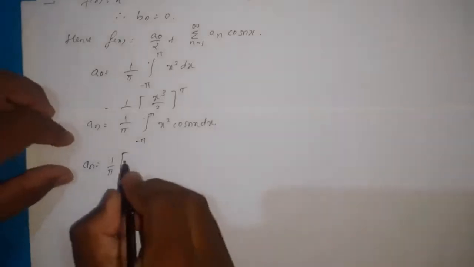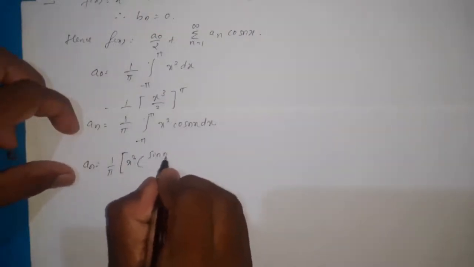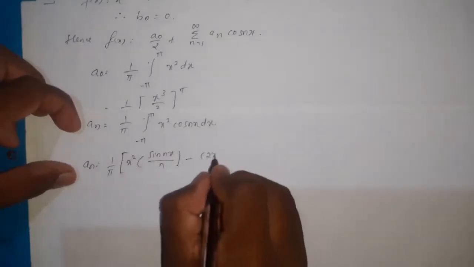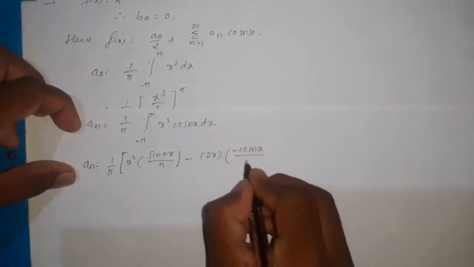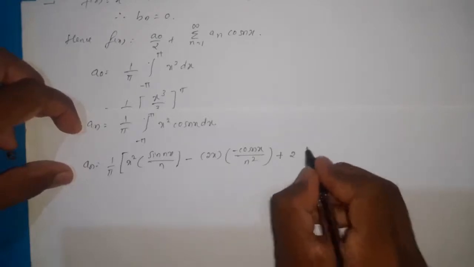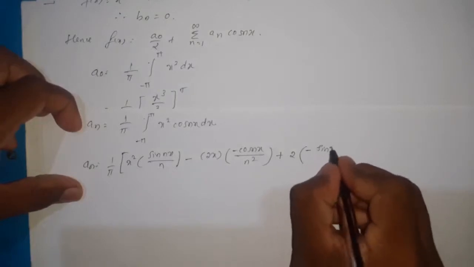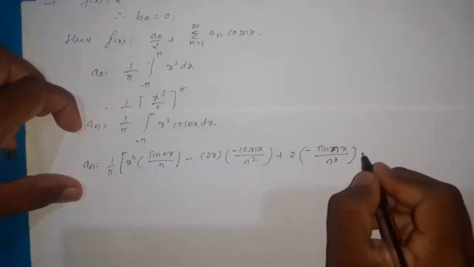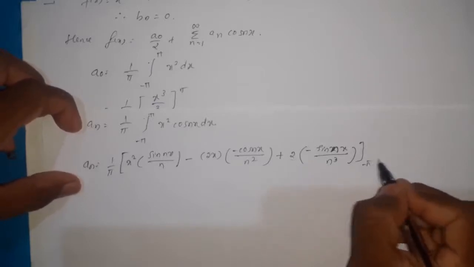So therefore here first function x square as it is, integration of cos nx is sin nx divided by n minus differentiation of x square, that is 2x, then integration of sin nx is minus cos nx divided by n square plus differentiation of 2x is 2, and integration of cos is again sin, so minus as it is sin nx divided by n cube. Next term will be equal to 0, because differentiation of 2 is 0. So from minus pi to plus pi.